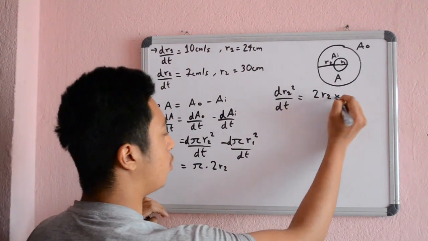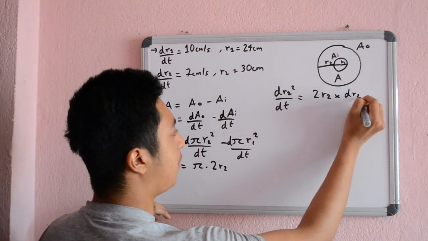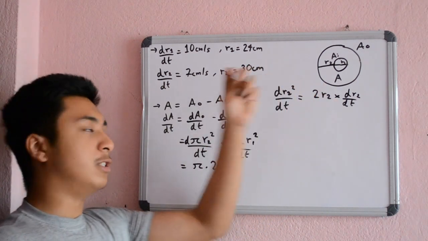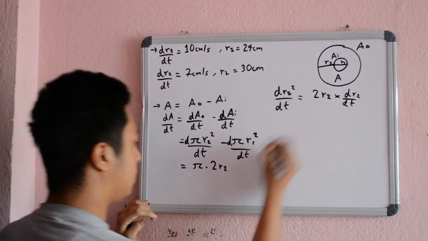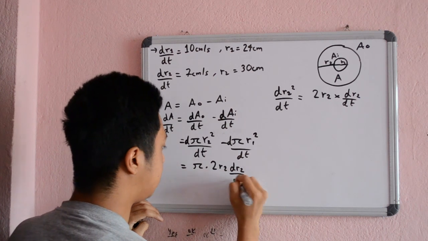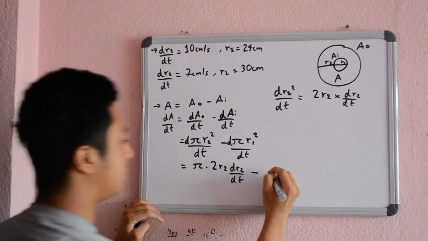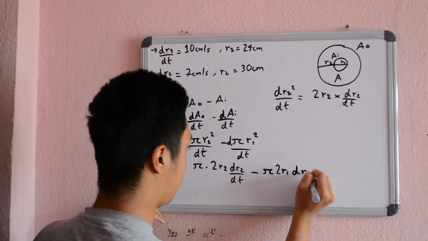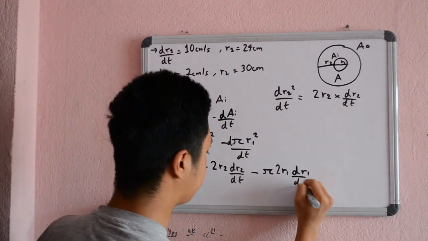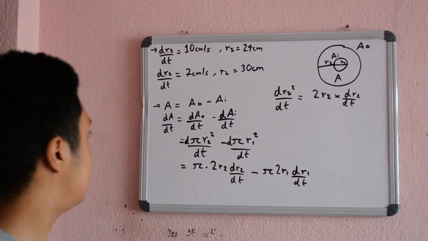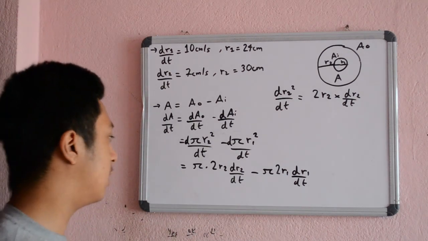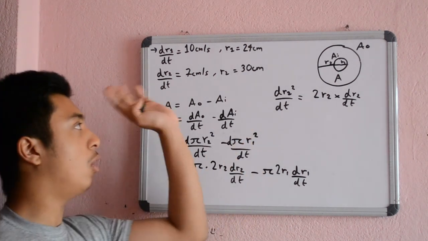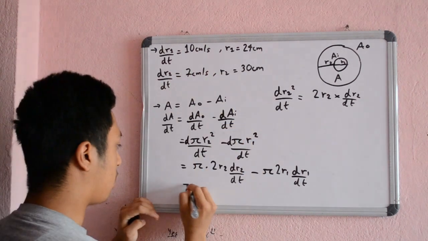So we need to use the chain rule and multiply by the derivative of the radius with respect to time. So this is pi 2r2 dr2/dt minus pi 2r1 dr1/dt. And here we can just easily solve this now, because r1, r2, dr1/dt, dr2/dt are all given. So you can just plug the values in.